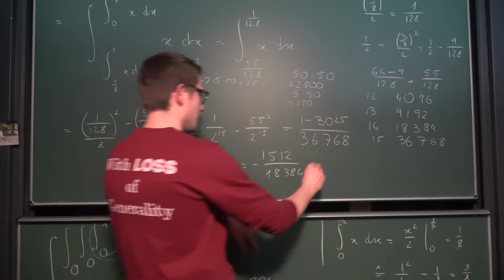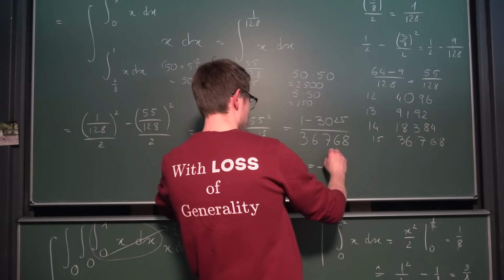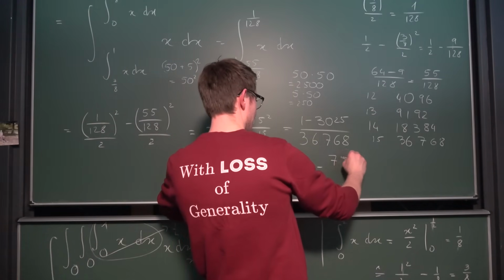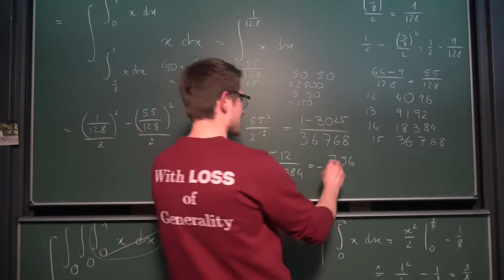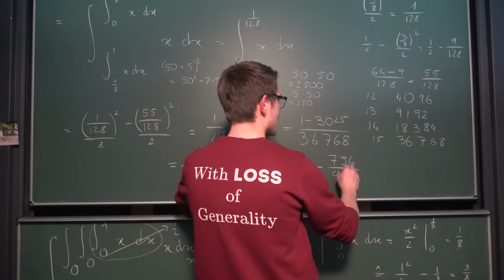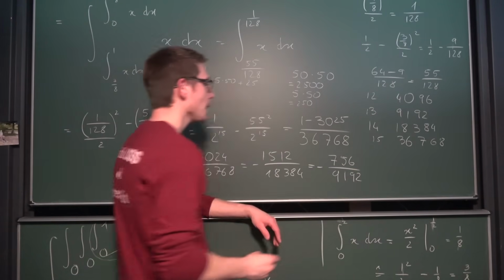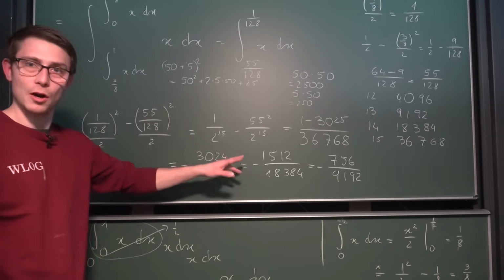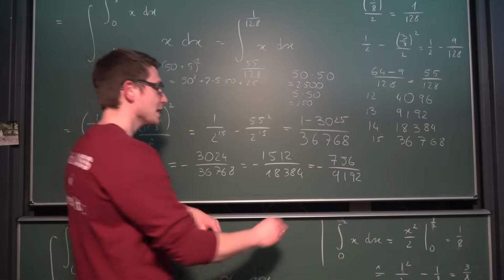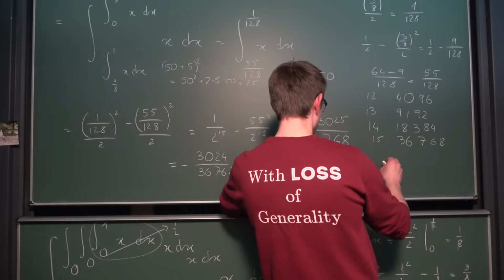Divided by 2, this is negative 756 divided by, and by 2 once again, 8,192. Oh yeah, it's even divisible by 8. Oh, this is nice because 24 is divisible by 8. So let's divide it by 2 even further.